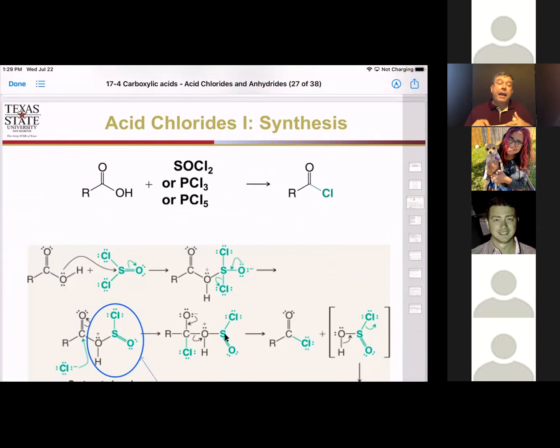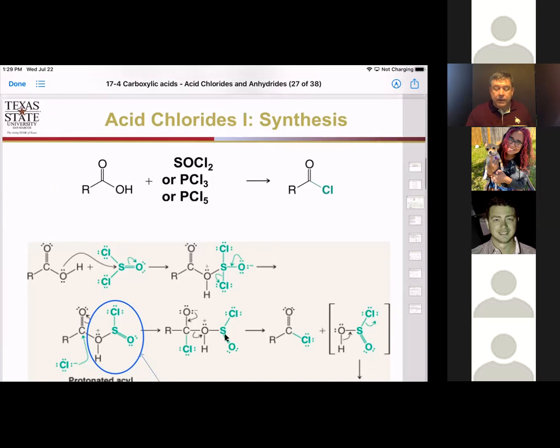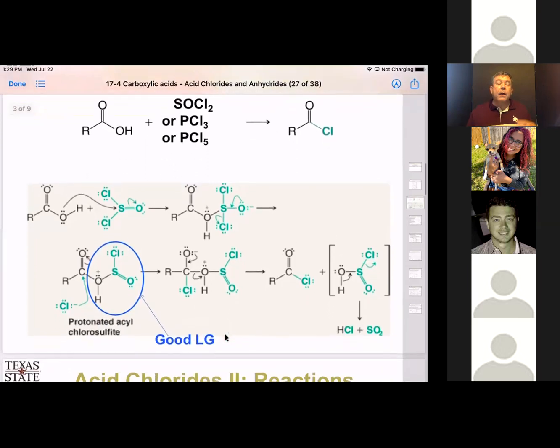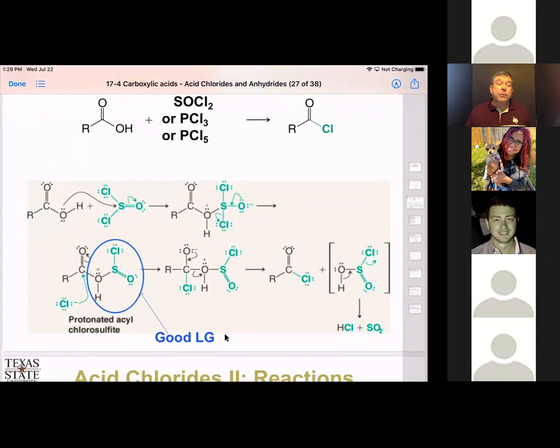And the other one we have is phosphorus trihalide or trichloride or pentachloride. In both cases, you're transferring the oxygen to the phosphorus, and you have a phosphorus-oxygen bond, which is a very strong bond.